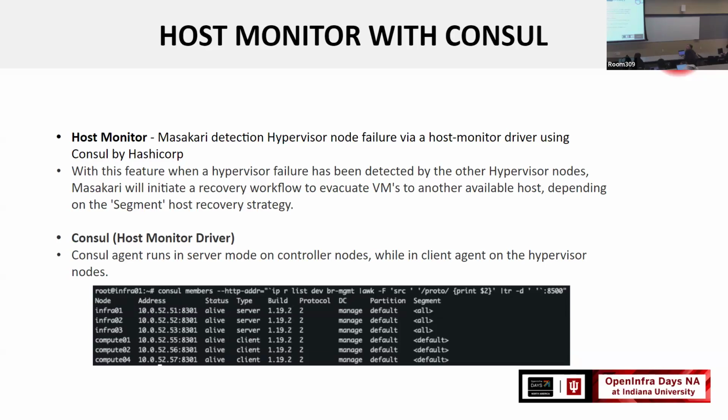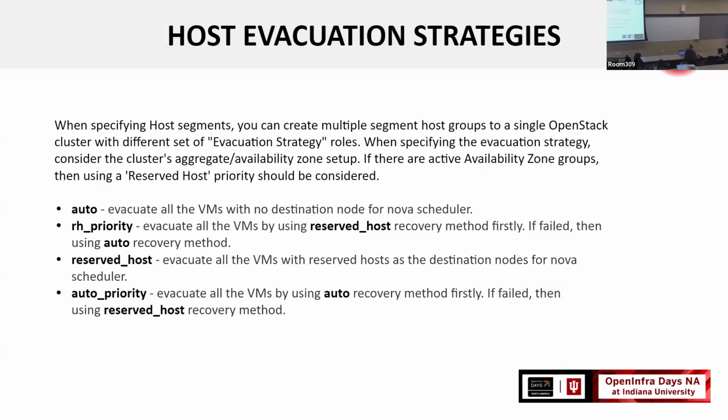Host evacuation strategies. I think I might have mentioned this earlier, but when you have a cluster with different kinds of segmented aggregates or availability zones for different sets of hypervisors, depending on their use cases, right? Let's say you have hypervisors specifically for GPU VMs, or PCI pass-through VMs.